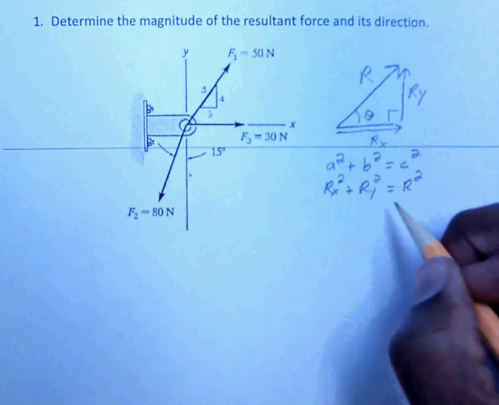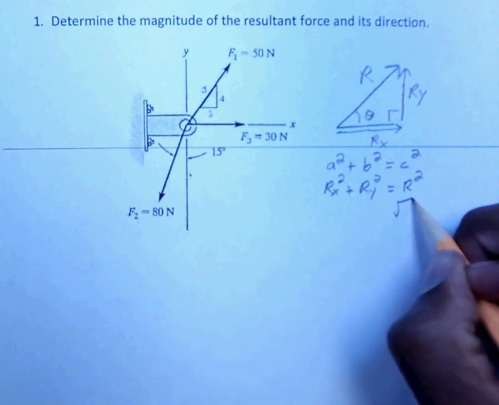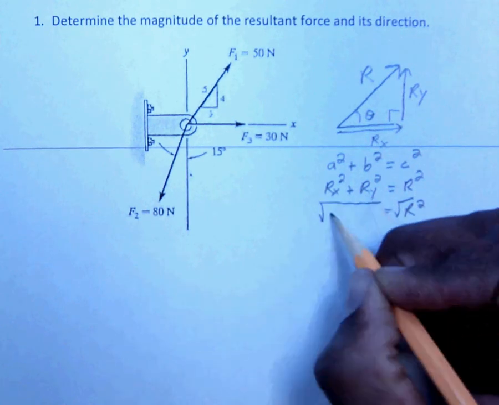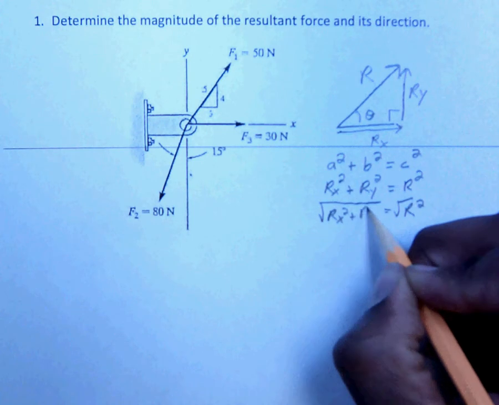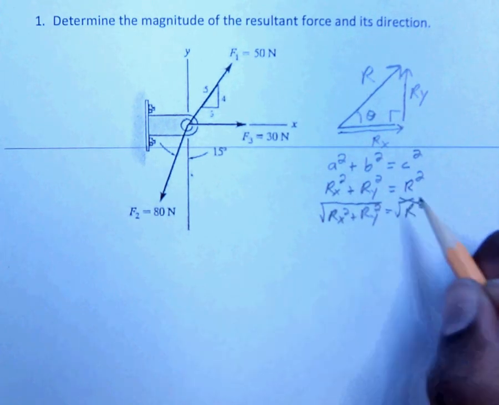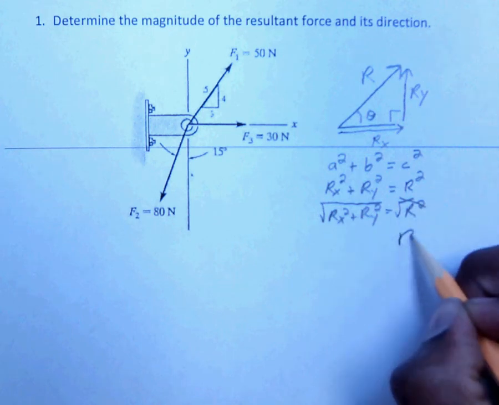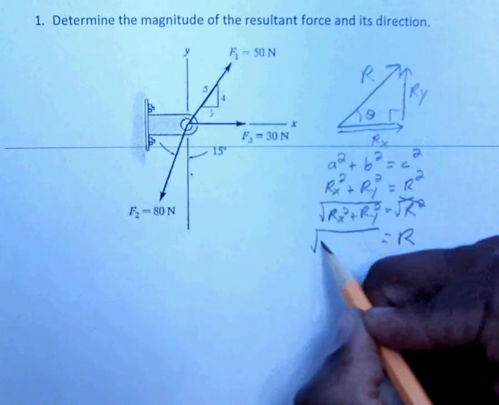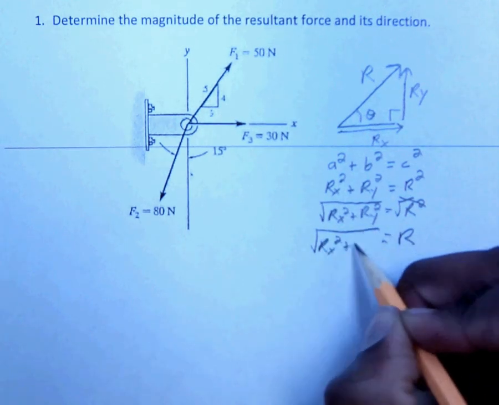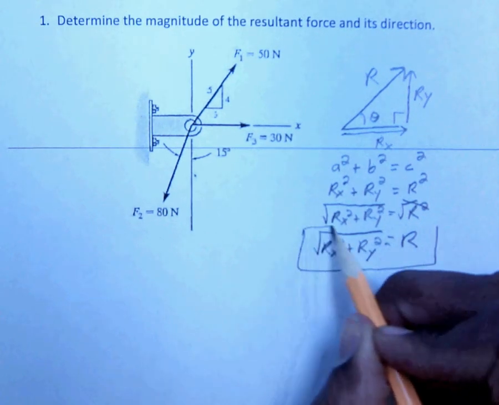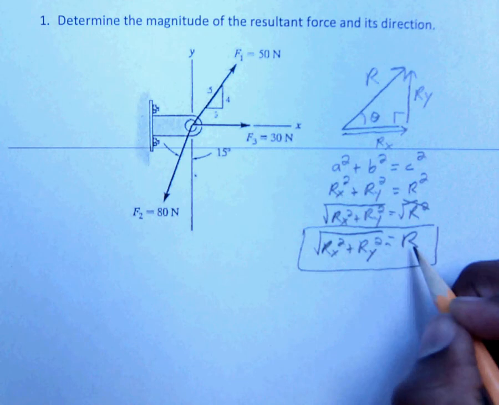To solve this equation, we just take the square root of both sides. Once we solve for R, the square root cancels out the square. We have the resultant equals the square root of the x component squared plus the y component squared. This is the equation you will use to calculate the magnitude of the resultant force.